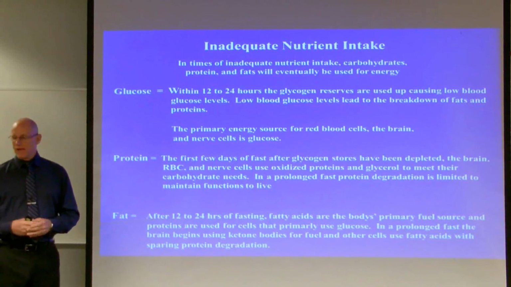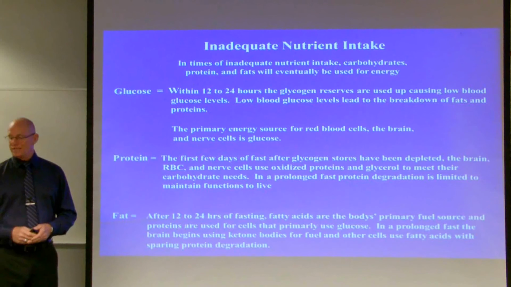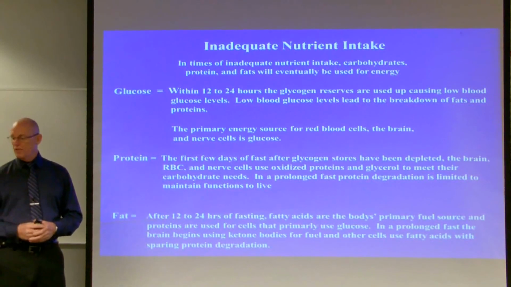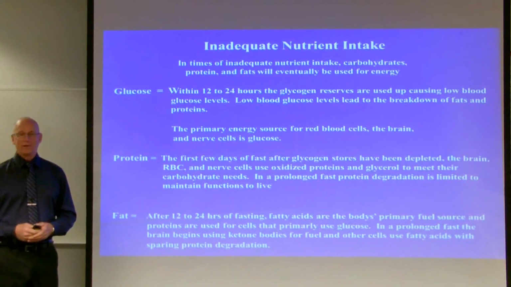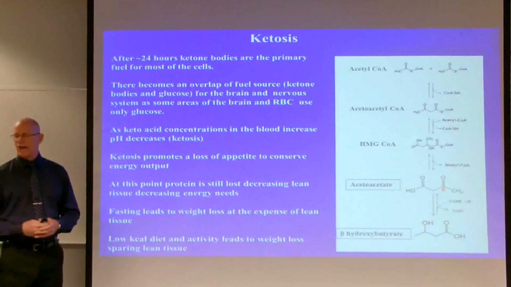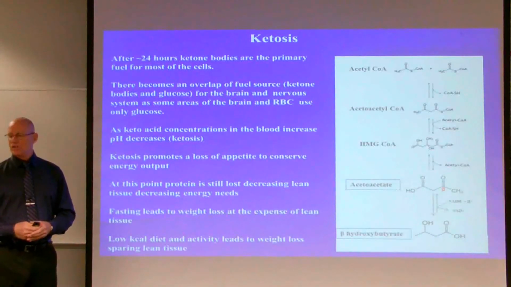And then after a prolonged period, after 12 to 24 hours of fasting, fatty acids are the body's primary fuel source, and proteins are used for cells that primarily use glucose. In a prolonged fast, the brain begins to use ketone bodies for fuel, and other cells use fatty acids, with sparing protein degradation. So ketosis: after about 24 hours, ketone bodies are the primary fuel for most of the cells.